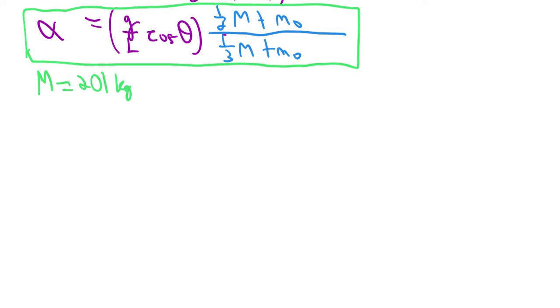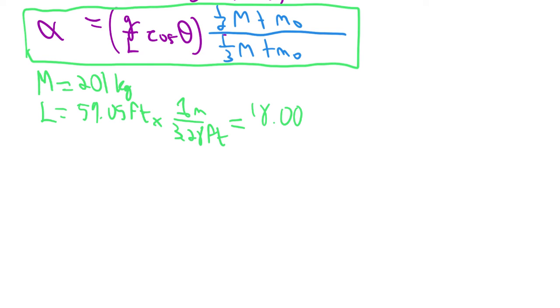And we're given that L is 59.05 feet, which is annoying, but then they say, remember that there is 1 meter per 3.28 feet. So we can get what that means. That turns out to be 18.003 meters.